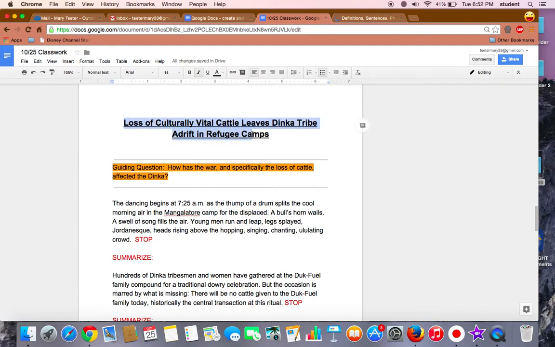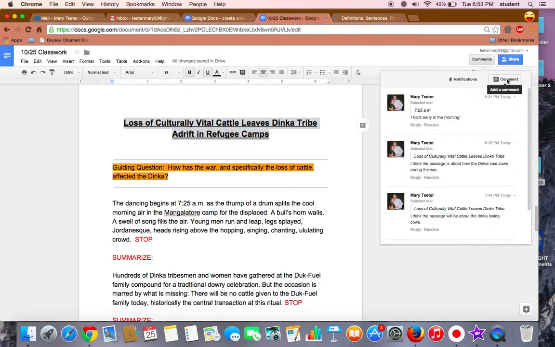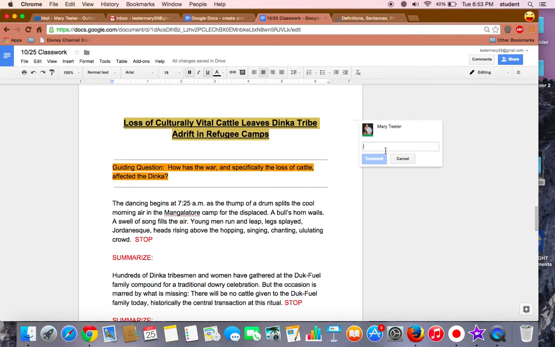So we're going to highlight the title with our cursor, go to the comments box and click comment, and we're going to make our prediction. I think the passage is about, well, if that's what the guiding question is in the title, it's going to answer my guiding question. So I guess the passage may be about how the war causes them to lose cattle and how it affects them.